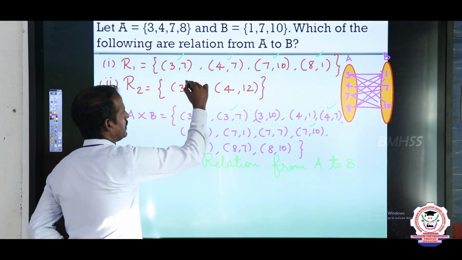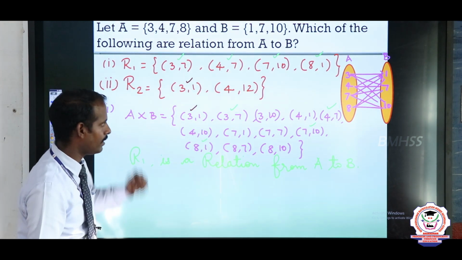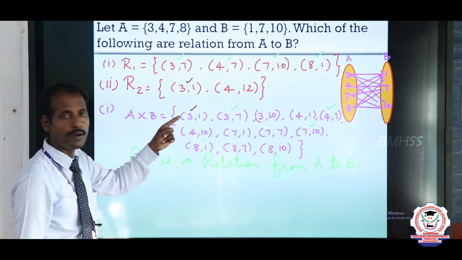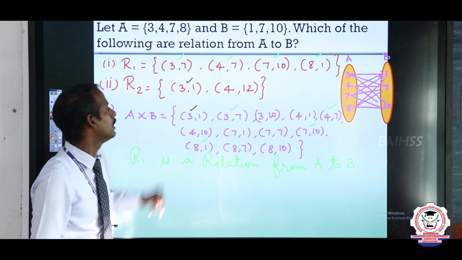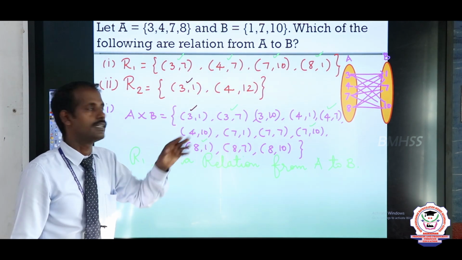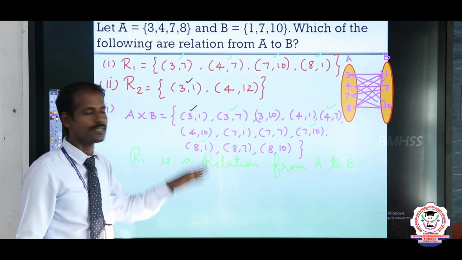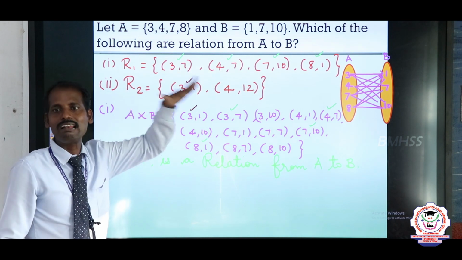Yes, 3 comma 1 belongs to A Cartesian B. Another element, 4 comma 12, does not belong to A Cartesian product B. So it is not a relation. Why? Here one ordered pair does not belong to A Cartesian B. Therefore R2 is not a relation.